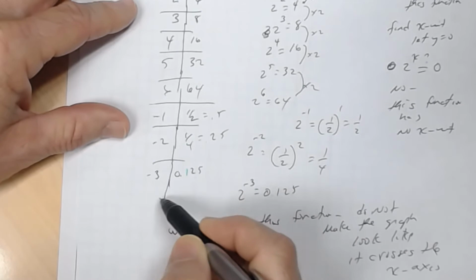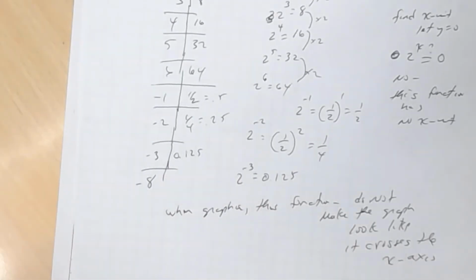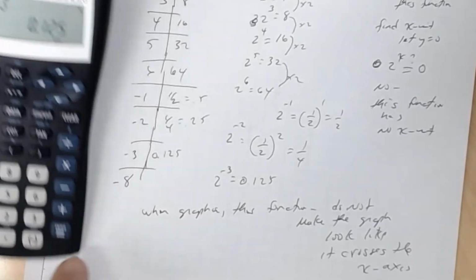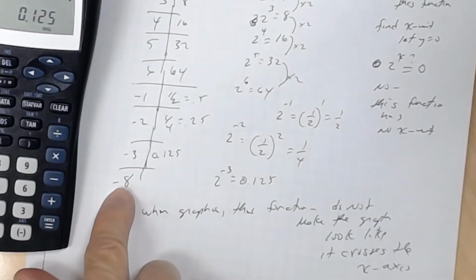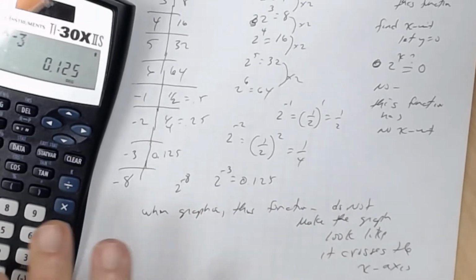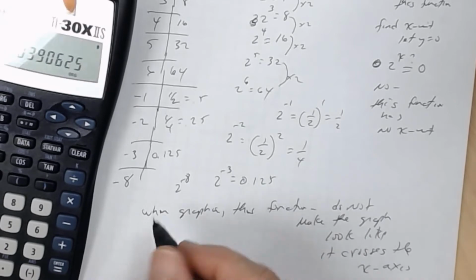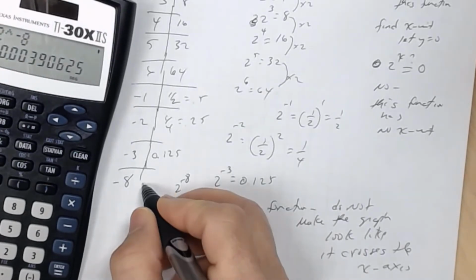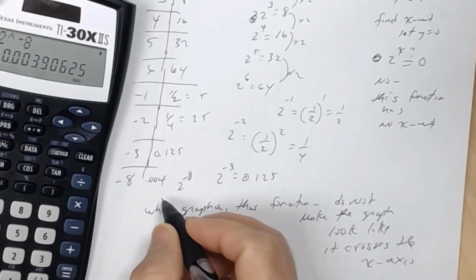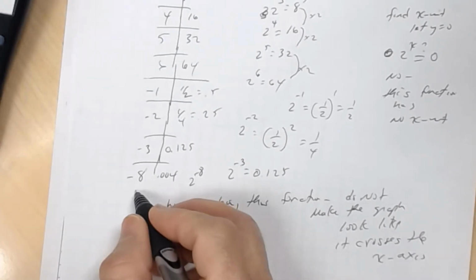So if I do, let's say, -8, I get 2 to the -8. So 2 to the -8 equals 0.004. If I approximate this, 0.004, it's getting closer and closer to what? It's getting closer and closer to 0.